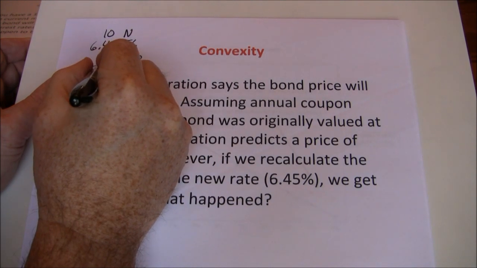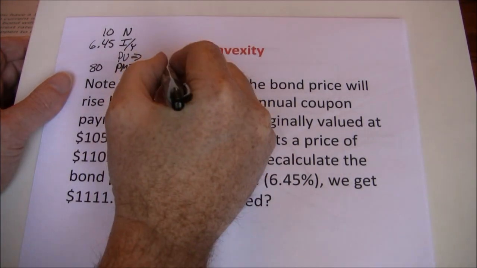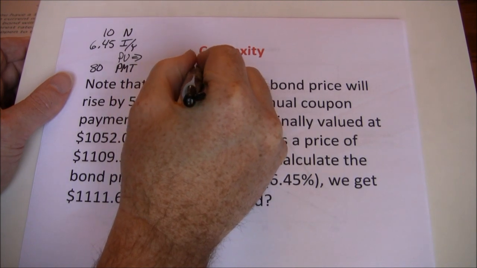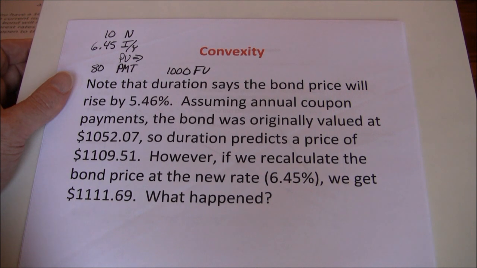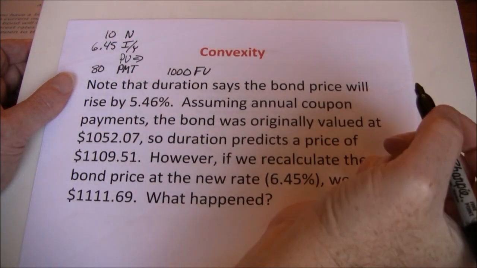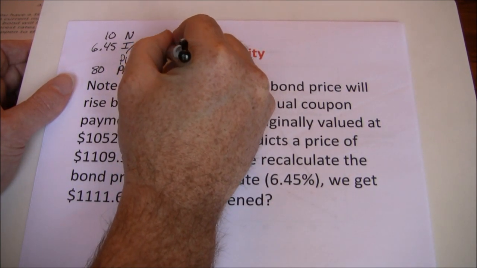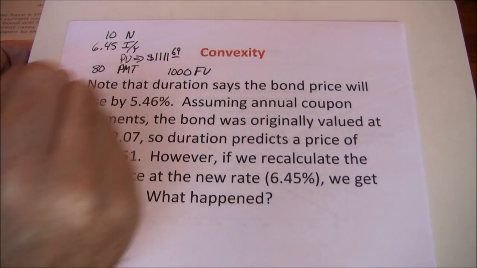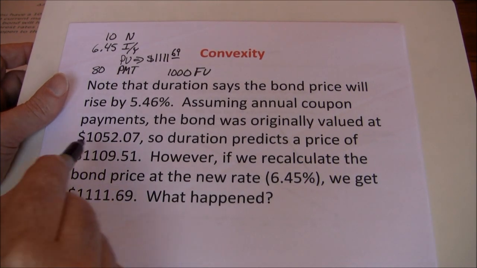Bond price still has an $80 coupon payment and a $1,000 future value. So we grab our financial calculator, plug these values in, solve for the present value, and what we're going to come up with is $1,111.69.